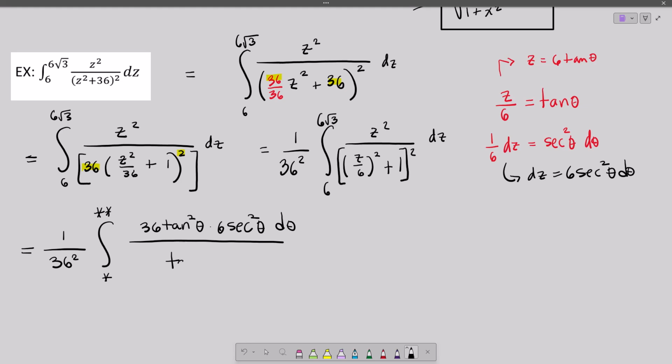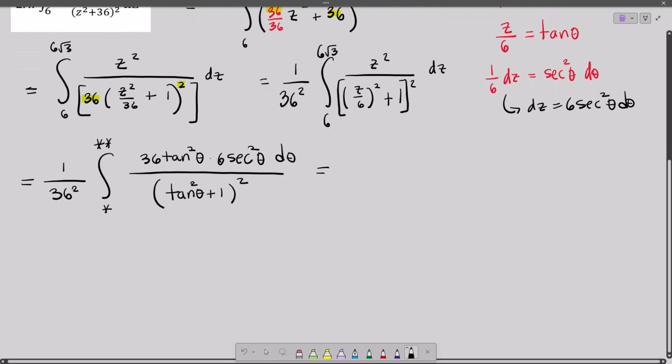And you can kind of skip this step once you've done a bunch of these because you know that it's an identity. You know you're picking tangent so that tan squared plus 1 becomes secant squared. So as you become more efficient at this, you see tan squared plus 1, that's secant squared, and you don't write the tan squared stuff.